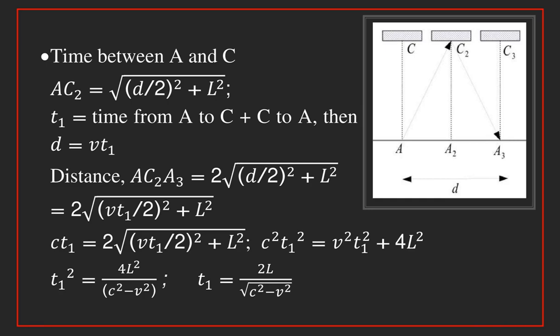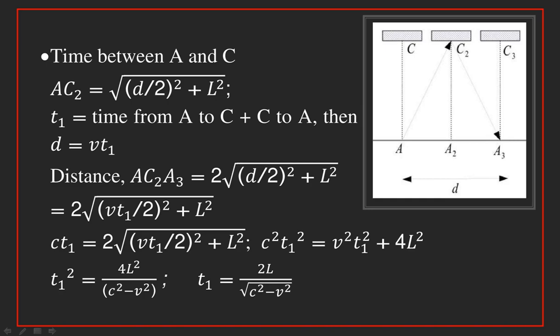It is assumed to be the velocity with respect to ether. So the total distance travelled by the light in the ether medium will be C t1, because t1 is the time taken. So C t1 is equal to AC2A3. Squaring, we get C square t1 square is equal to V square t1 square plus 4L square.